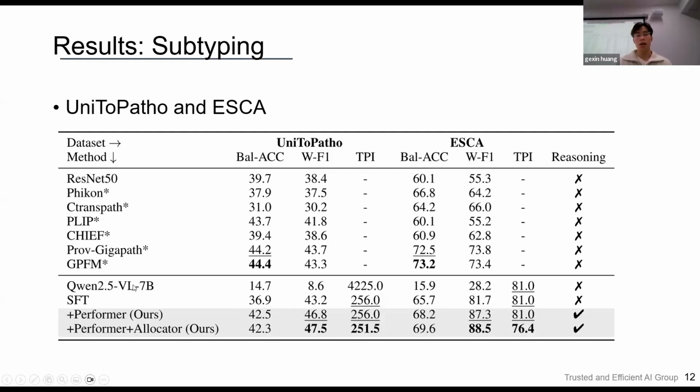And for the subtyping task, again, they found that after SFT, it can enrich the general model with the specific priors, and after that, when they utilize GRPO and the allocator, they can achieve the best weighted F1 score and the lowest TPI score.